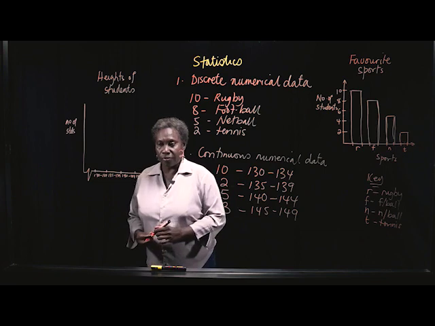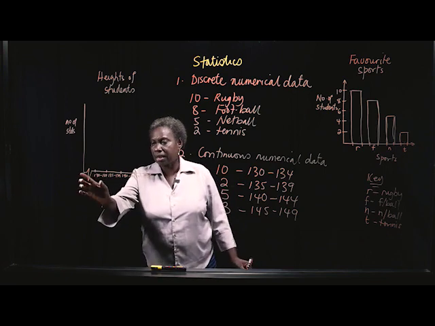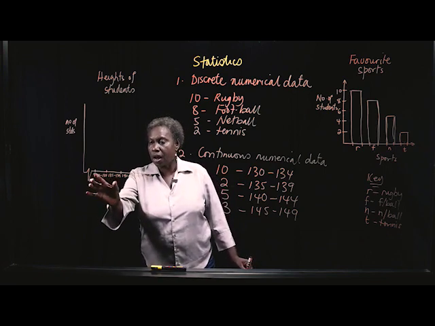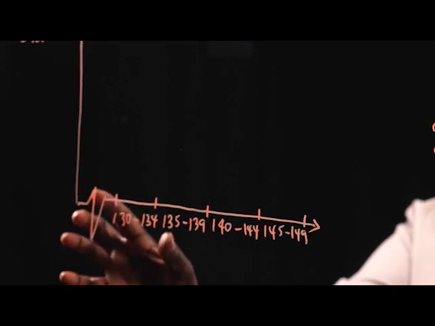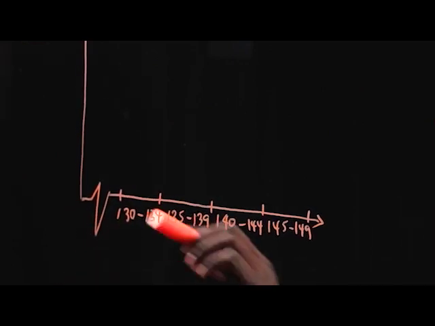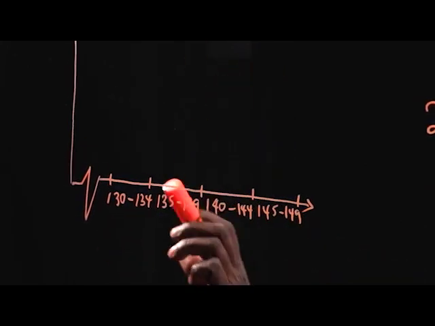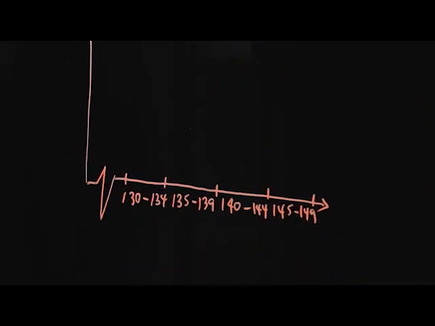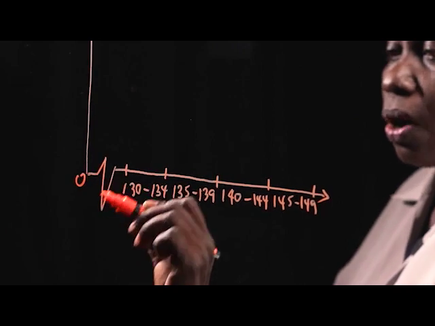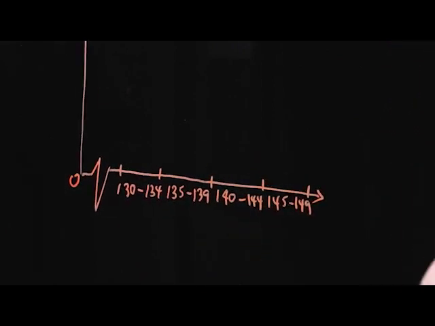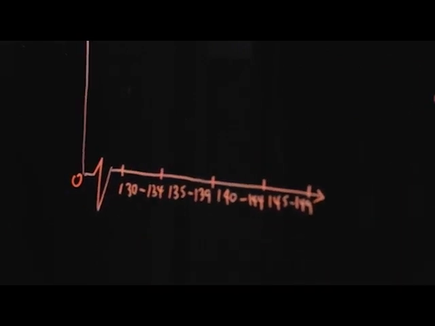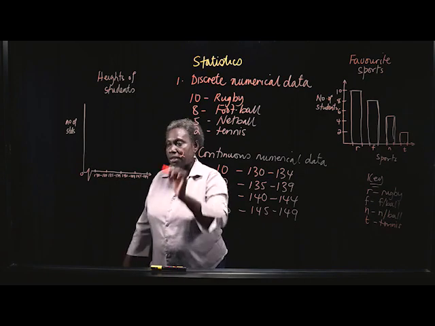Let's look at the first one. This symbol here indicates that there are numbers from 0 up to 134. So we use the symbol here to indicate that this 130 is just another number that starts from 0 all the way up to 130. So there are numbers in between that are missing, and we start from 130.